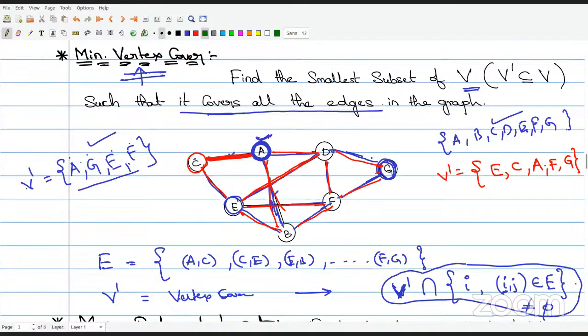This minimum vertex cover is also not unique, if you observe.